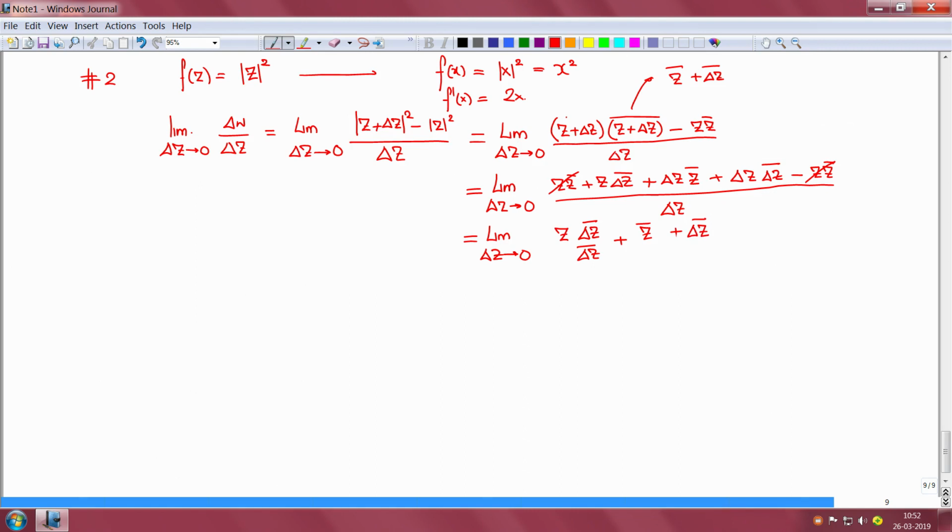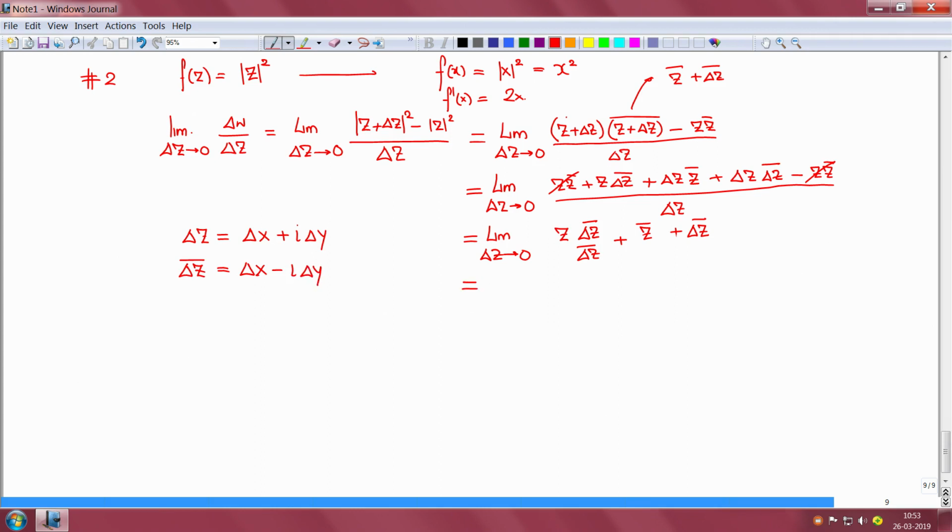Now, delta z here is equal to delta x plus I delta y, and delta z bar, the conjugate, is delta x minus I delta y. So, let us introduce these over here.